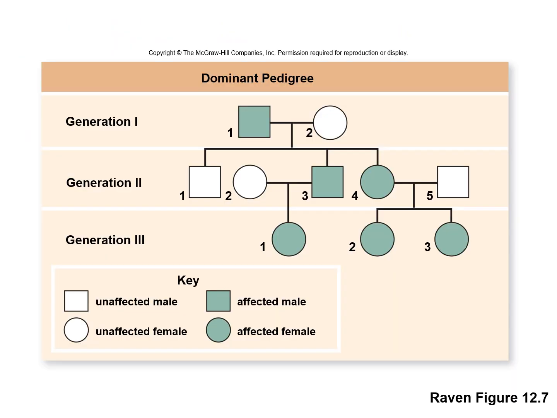So let's take a look at this pedigree for a dominant disorder. For example, maybe we've got dwarfism. The way that you want to take a look at these is that the squares are our unaffected males, and our females would be circles, and if they're affected, they would be shaded in. How I like to read these is I start with the furthest down generation, take a look at the ones that are affected, and then work backwards.